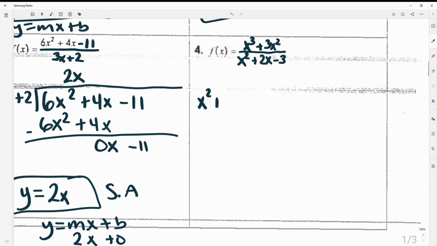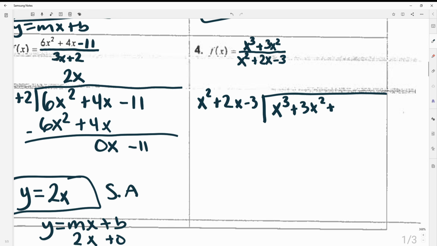So x squared plus 2x minus 3, and then what's at the top? X cubed plus 3x squared. Now it's going to be a little bit beneficial here to keep going.